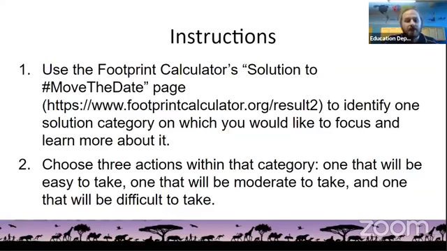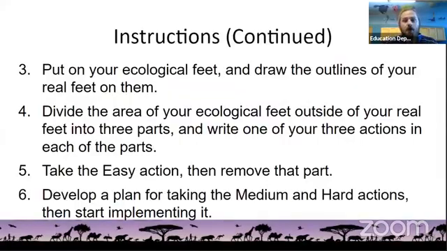Then one should be moderate, which means that it should be something that you can do, but it might take a little bit more effort or time or planning or something like that. And then finally, one of them should be difficult. Something that you maybe see as a challenge to overcome. And you'll write all of those down on your actual ecological feet.